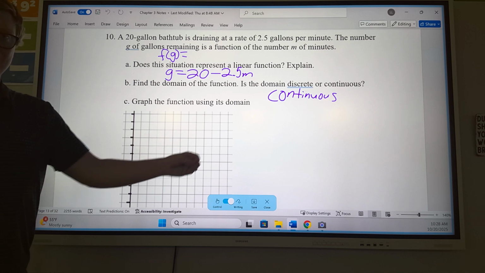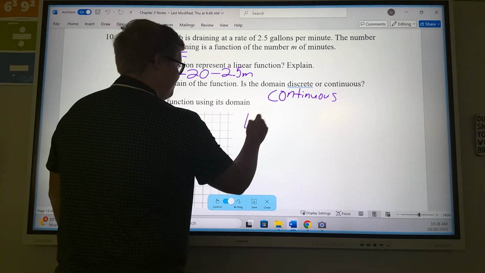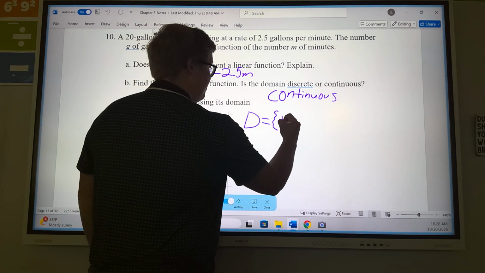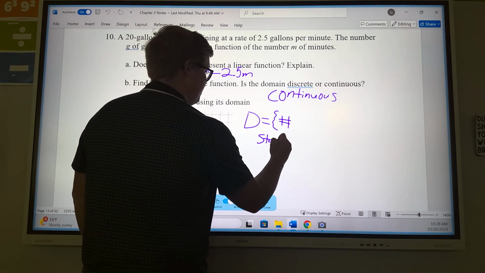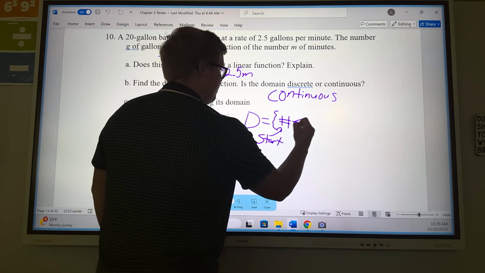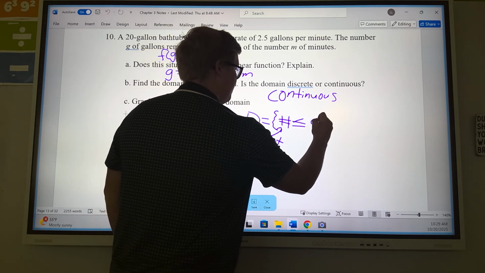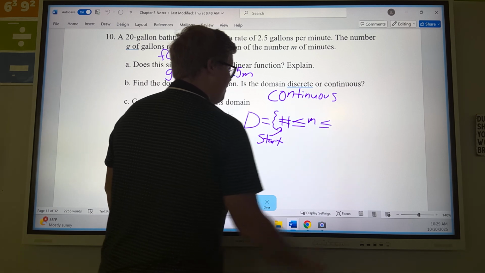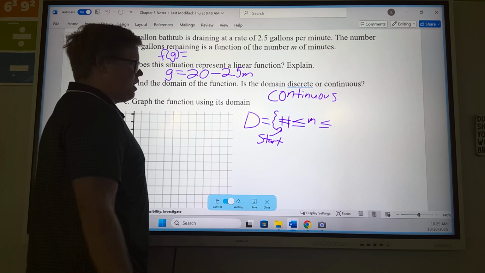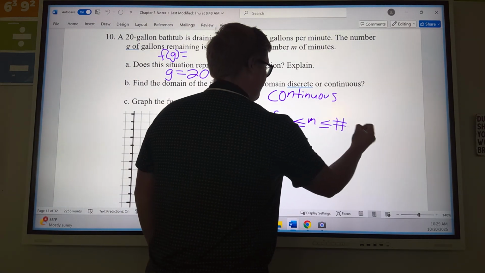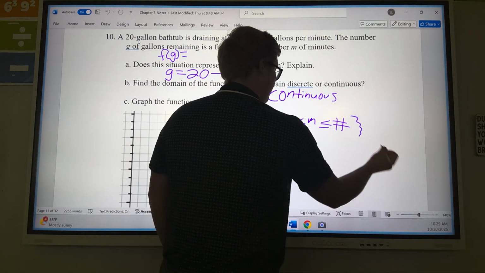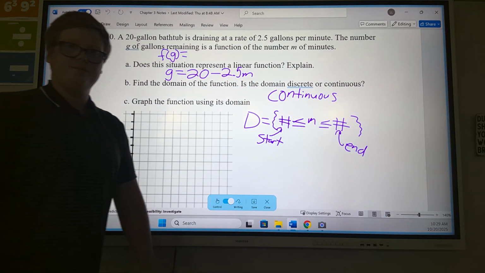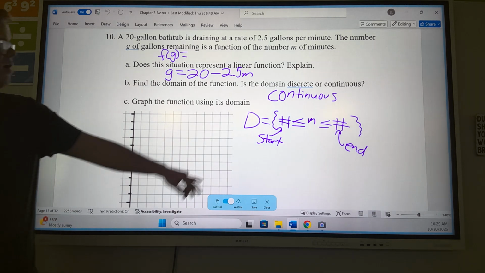So, find where that endpoint is, and your domain is going to look like your starting number with your, I'll put an M here for a minute, with your two inequality signs and your ending number here. Find the endpoint, because we know there's going to be one, and write your domain like this.